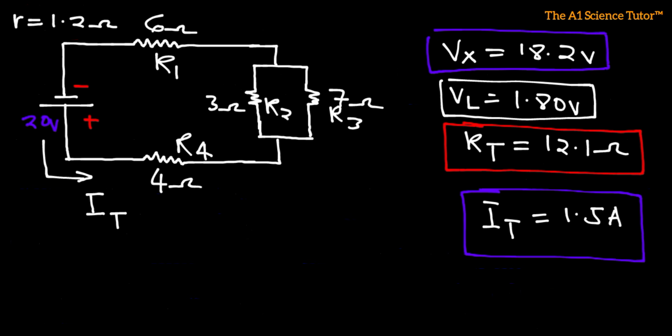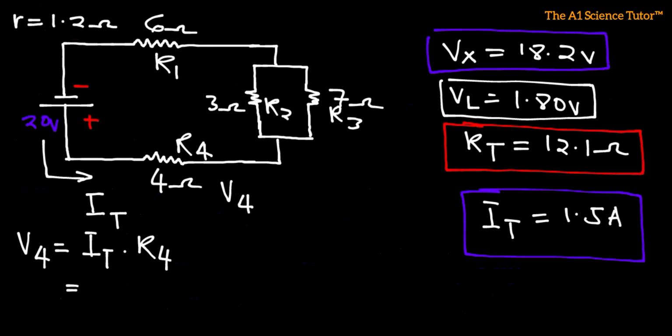Now IT is going to get multiplied with R4 to give us V4. Now V4 is the voltage over the 4 ohm resistor. So let us see what that is going to be. Now we have IT multiplied by R4.